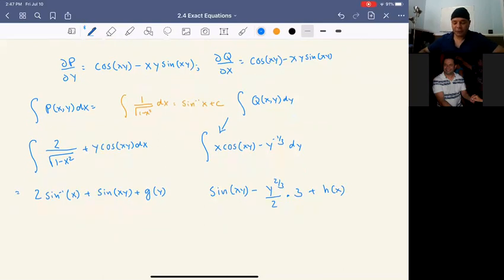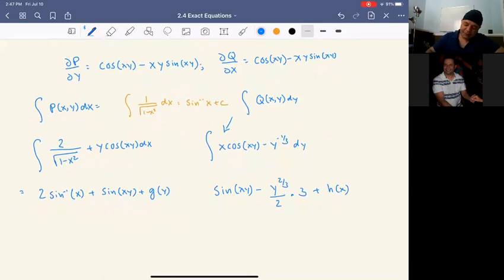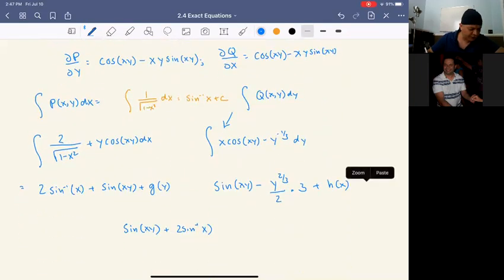Remember, the sine of xy shows up. Plus 2 sine inverse of x. Just want to check that. Yes, that's fine.